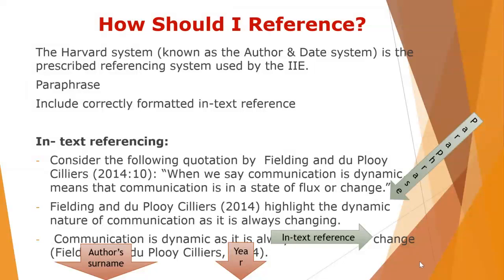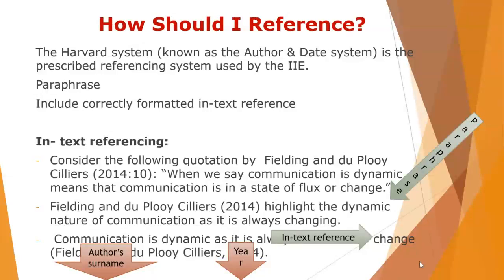Fielding and Du Plooy-Cilliers 2014 highlight the dynamic nature of communication as it is always changing. Or I could say, communication is dynamic as it is always in a state of change. And then in brackets, I put Fielding and Du Plooy-Cilliers 2014. So what have I done here?